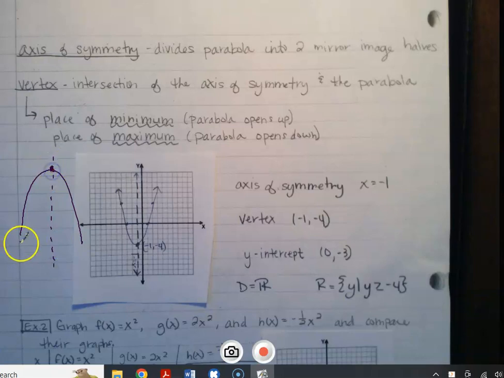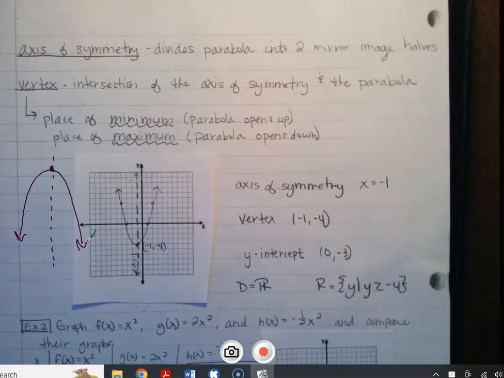Would this be the minimum or the maximum? Maximum, because my parabola is opening down. That's the highest point on my graph. So your vertex you will often see called the minimum or the maximum, or the min or the max.